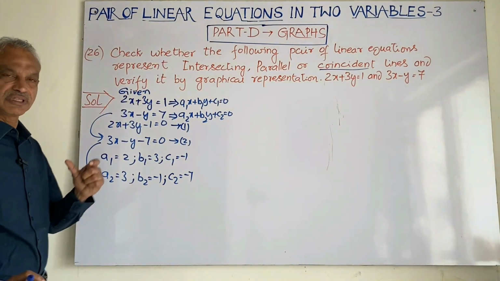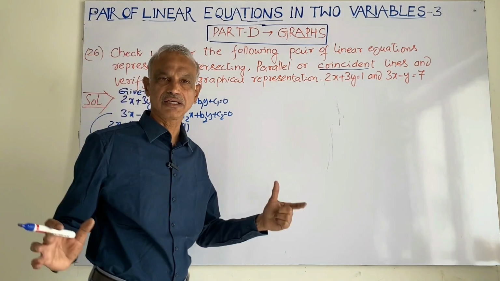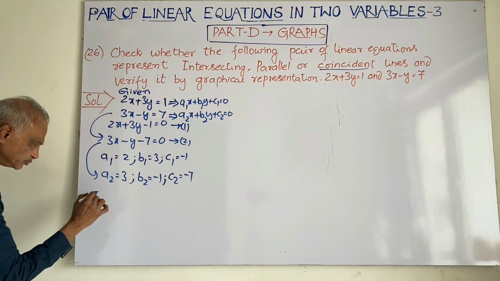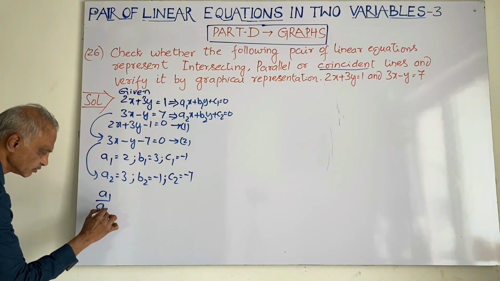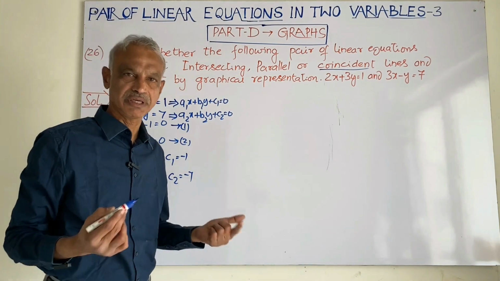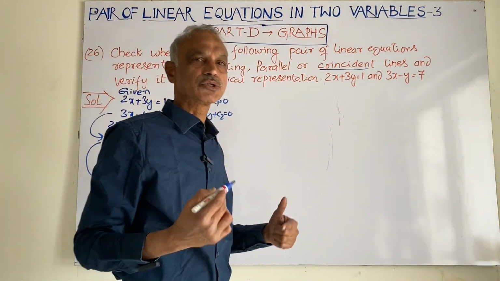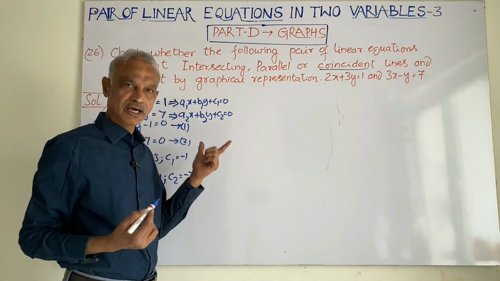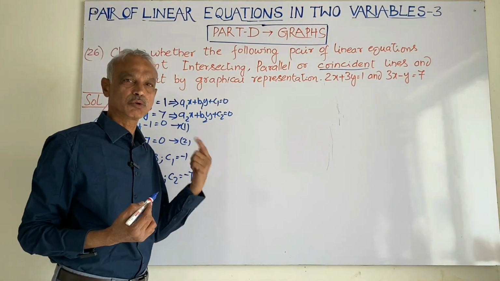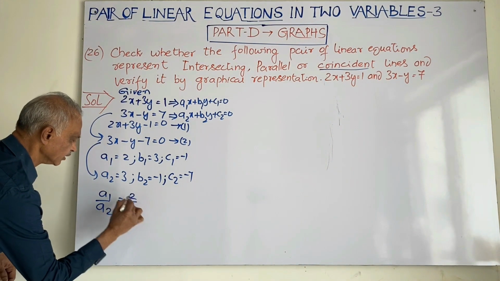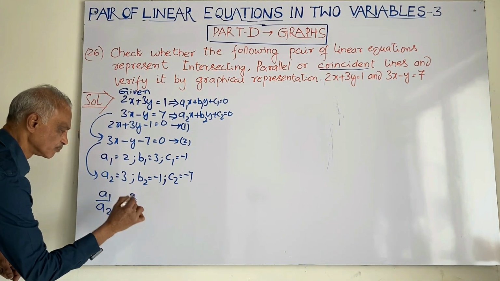We have to check whether they are intersecting, parallel or coincident lines. First we will find a1 by a2, b1 by b2 and c1 by c2, so that we can understand the type of lines. What is a1 by a2? 2 by 3.